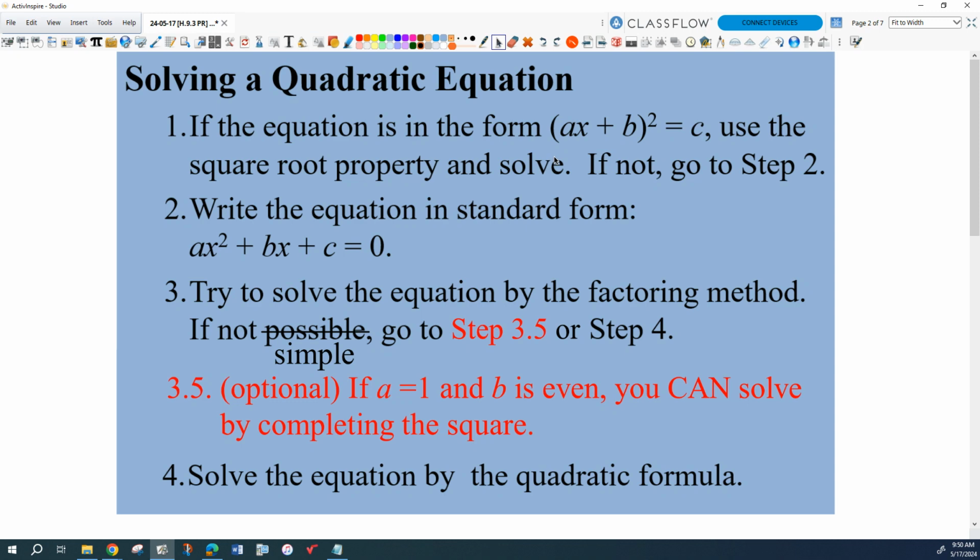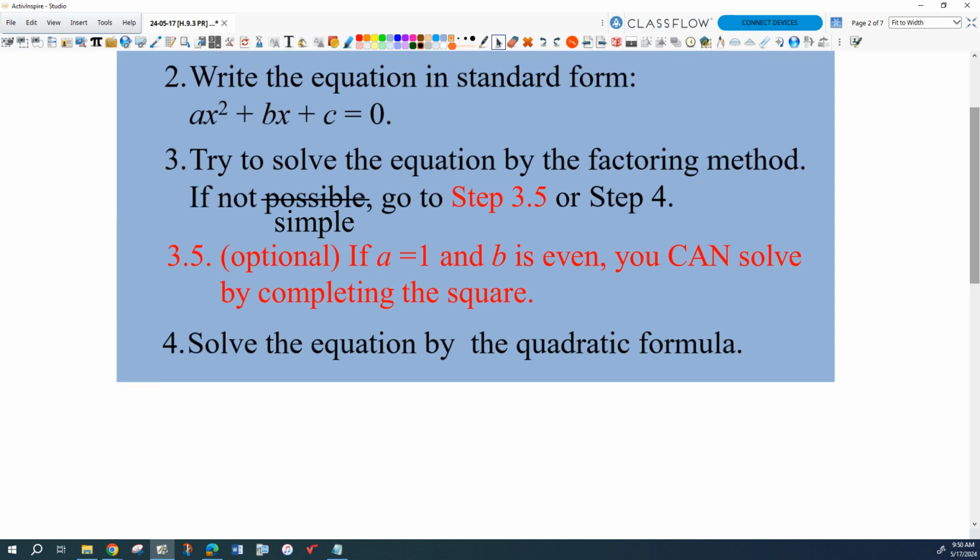I still think factoring by grouping is easier if it's simple to find magic numbers that multiply to the outer product and add to the coefficient of X. You just split it and factor by grouping. But that's totally up to you. You pick what's going to be best for you. We're just trying to get an answer.